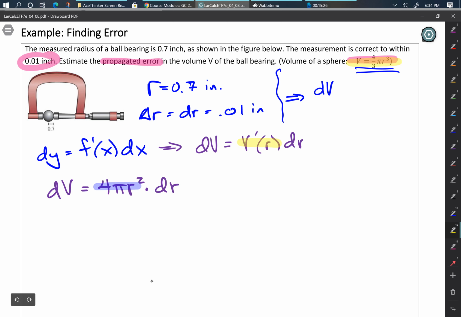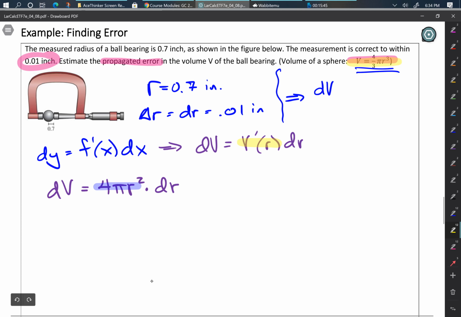Take the derivative of that function. Derivative of 4/3 pi r cubed is 4 pi r squared. Now, as a side note, something you may have noticed, the derivative of volume is surface area, because the surface area of a sphere is 4 pi r squared. The volume of a sphere is 4/3 pi r cubed. You'll learn more about that in Calc 2.